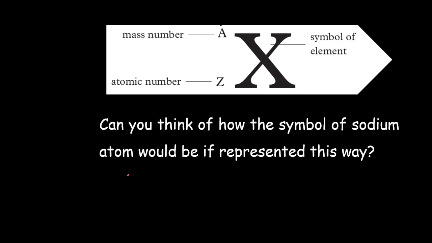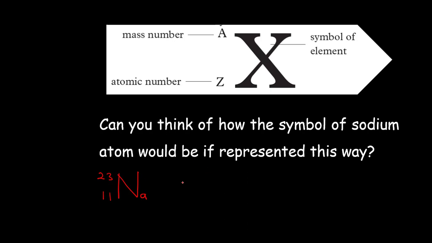So sodium, we all know the symbol, which is our X, is Na. So to the left of this symbol, we shall write the mass number. Mass number is 23 from the periodic table. You don't need to cram it. And here down, we shall write our atomic number of sodium, which is 11.